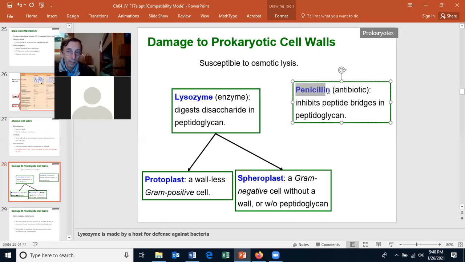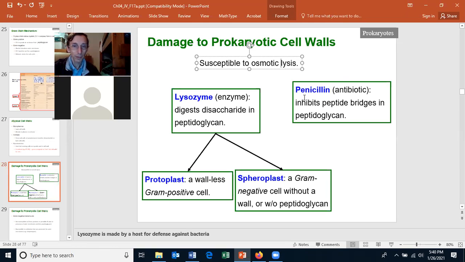It inhibits the peptide bridges forming in the peptidoglycan, and then that'll make a hole in the cell wall, making the cell susceptible to osmotic lysis. As more and more water comes into the cell, the cell membrane will expand, coming out of that hole in the cell wall. And then that will lead to osmotic lysis because the water will come into the cell, and the cell membrane will expand until it comes to a point where it bursts.